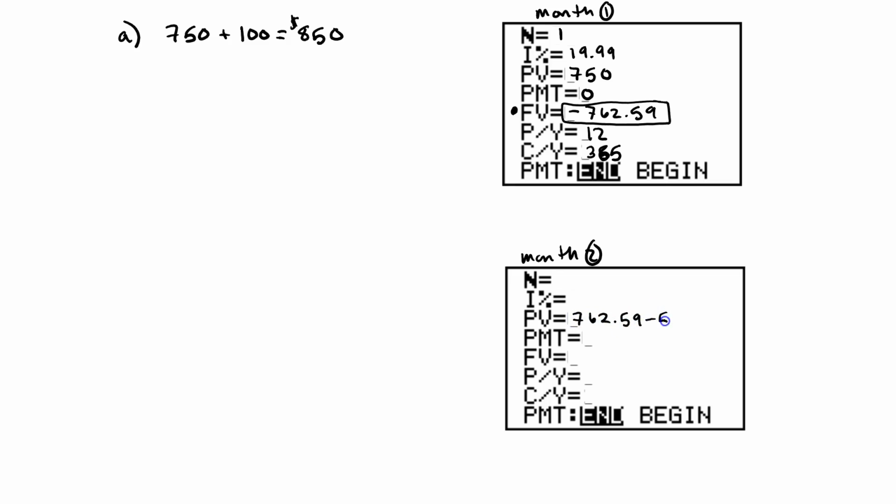$762.59 minus $5 because he can make that monthly payment, that minimum payment. We're only going for 1 month again. Compounding periods per year is 365. The future value, we're going to solve for that one again just to see how much he owes. We're going to pretend that he hasn't made any payments because he won't make any payments throughout that time. And the interest is 19.99%.